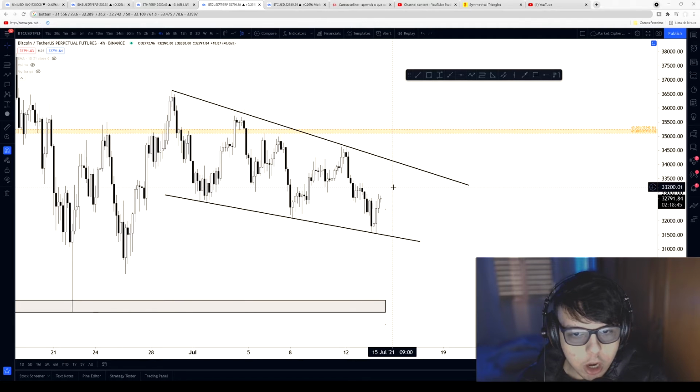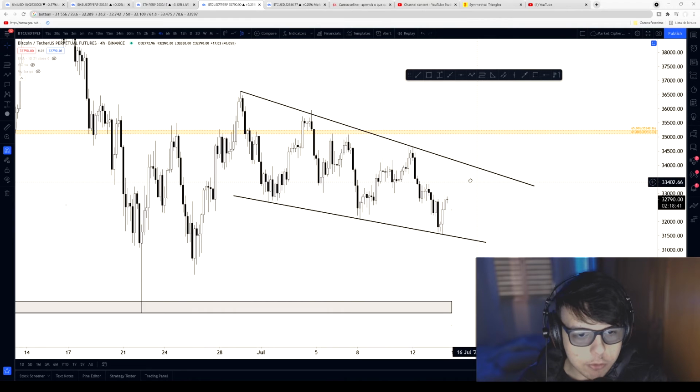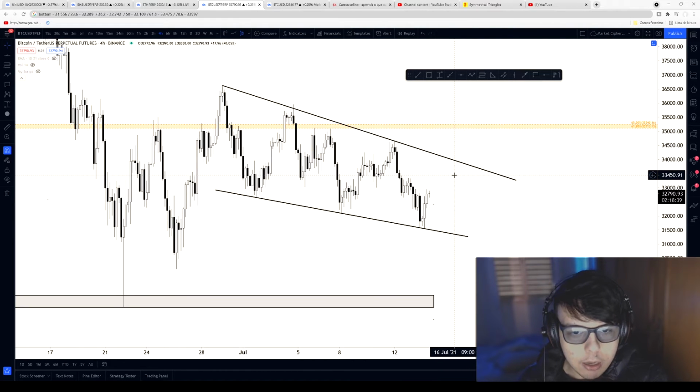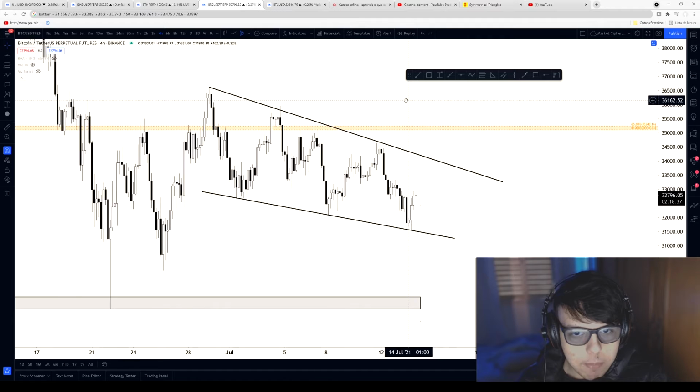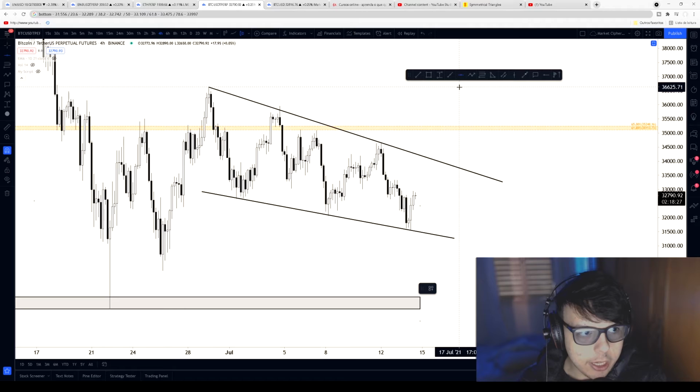So what is the target for this pattern, guys, that we were talking about for a few days now? If we're gonna talk about a falling wedge, the target is the top of the wedge. Okay, technically, and the top of the wedge would be all the way up at the 36,600 range.